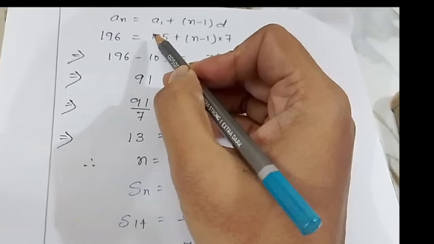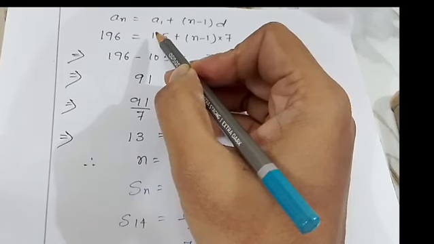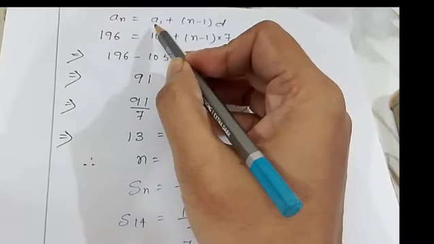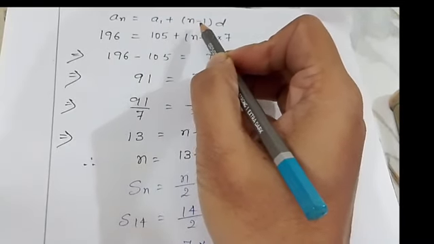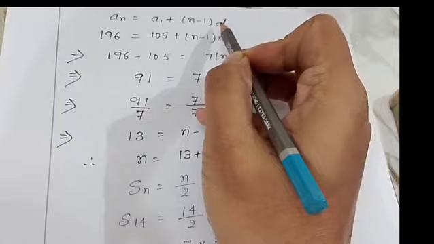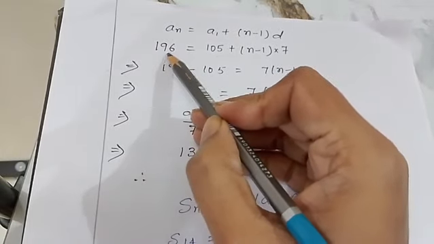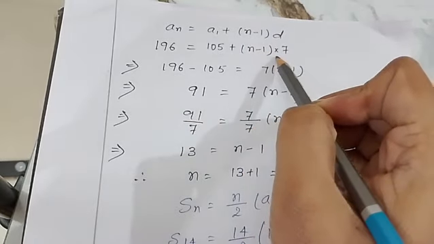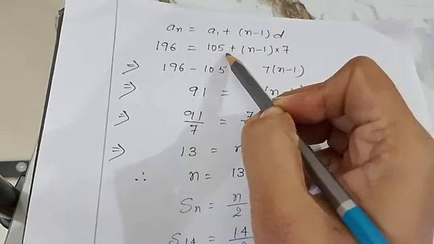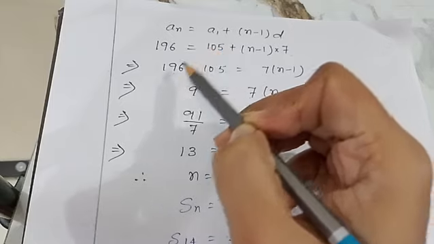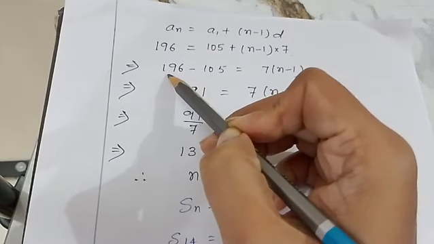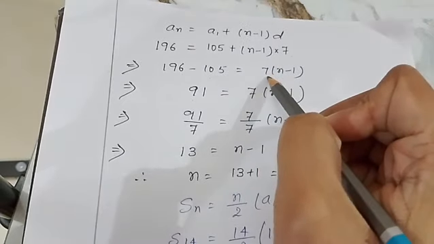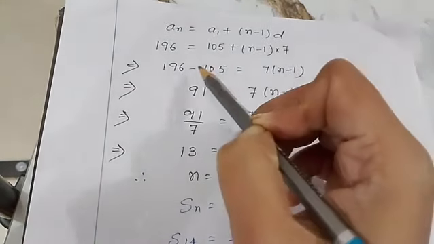We use the formula for the nth term of an arithmetic progression, an is equal to a1 plus (n minus 1) into d. We have 196 is equal to 105 plus (n minus 1) into 7. Move 105 to the other side, so that 196 minus 105 is equal to 7 into (n minus 1).